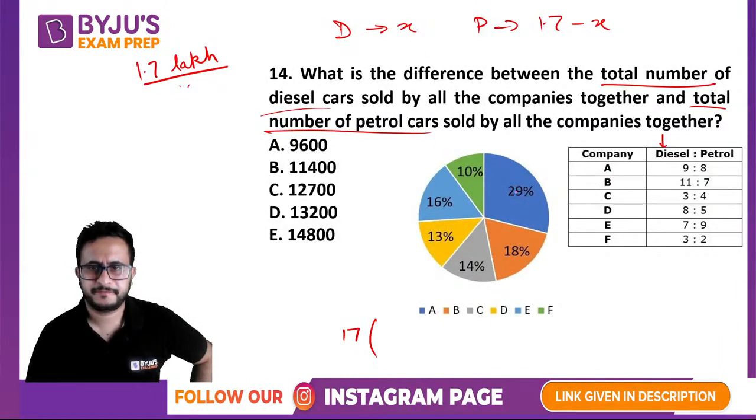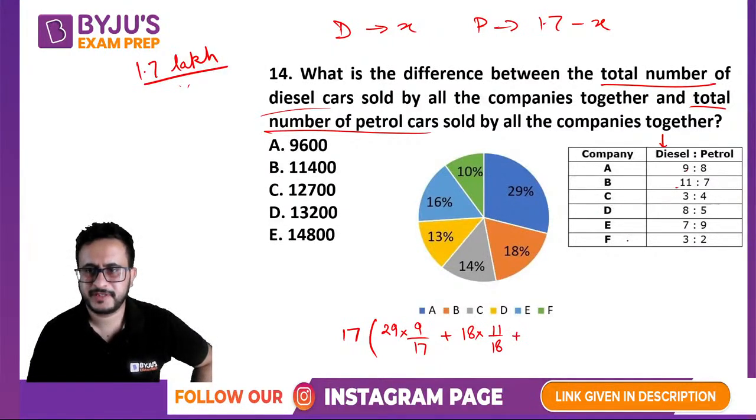So if you see first is A is 29 and diesel out of it is 9 out of 17. Okay, plus then it is 18% and diesel is 11 out of 18.